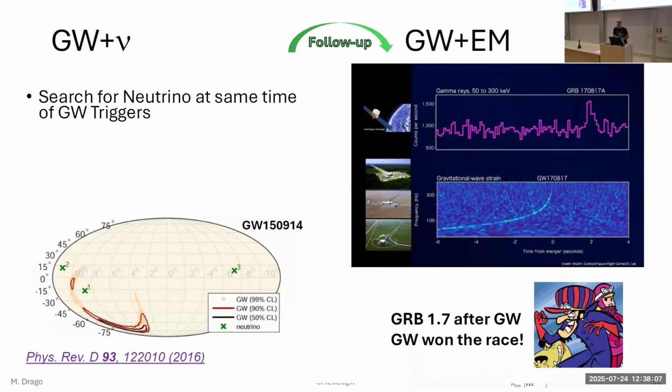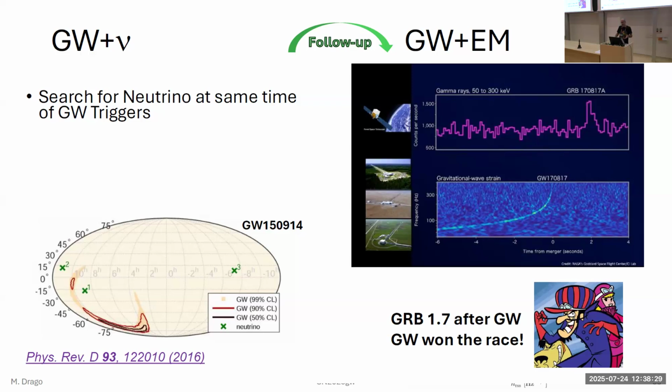What about neutrinos? Now, I'm not the most expert on IceCube, of course, so if there are people more expert than me, feel free to add something. There were some triggers from IceCube at the same time, but not with the best confidence of being true.